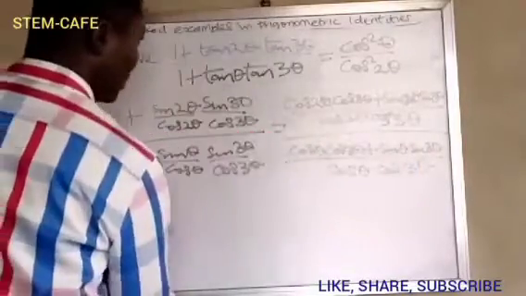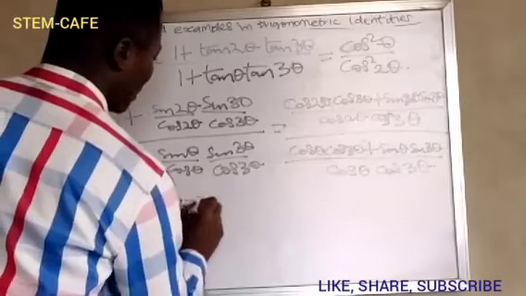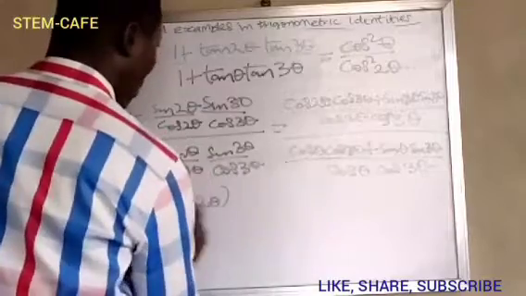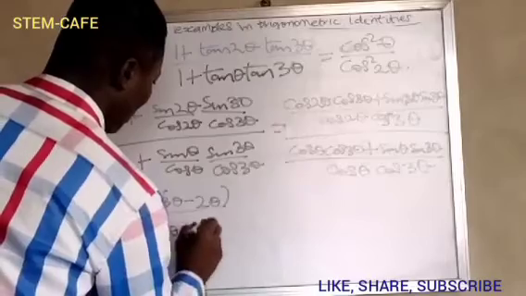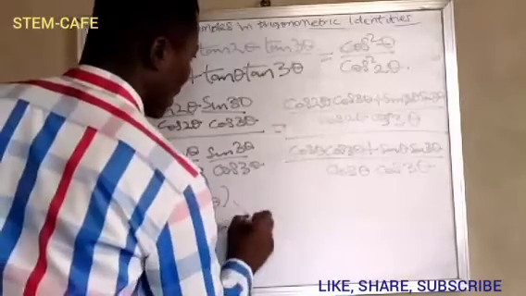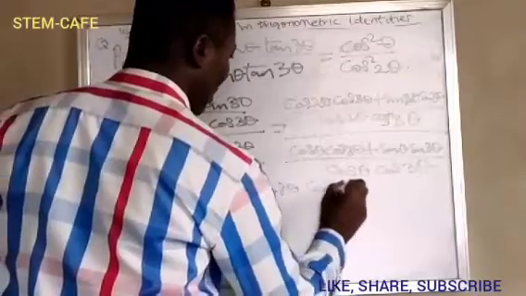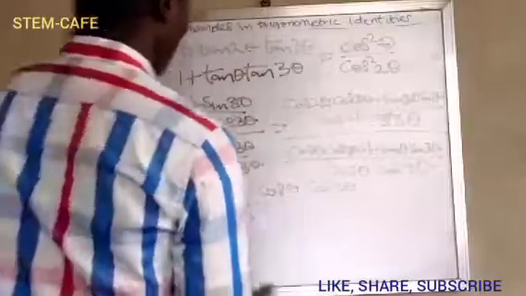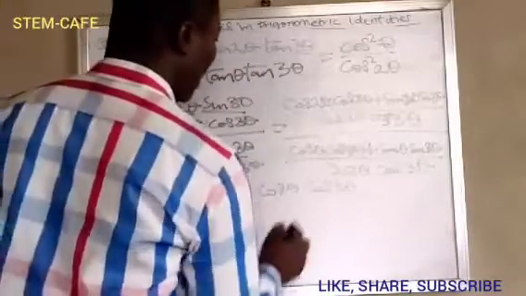So this will give me cos 3 theta minus 2 theta over cos 2 theta cos 3 theta, times cos theta cos 3 theta over, looking at this too, the identity for the difference of the cosine of 3 theta and theta.